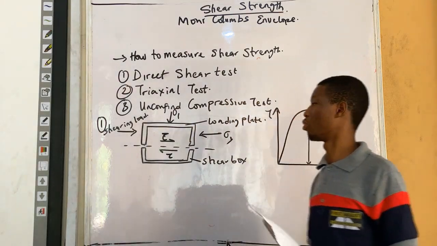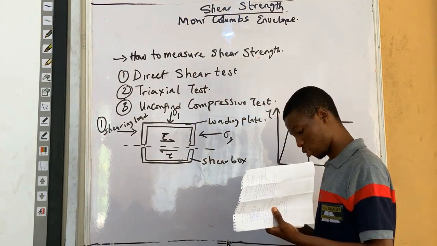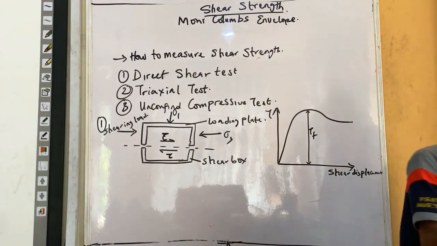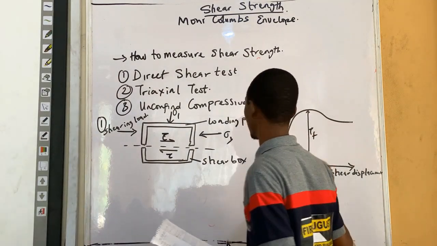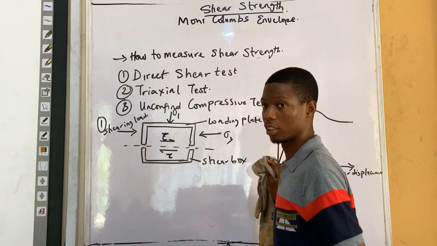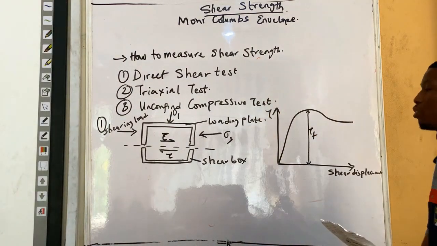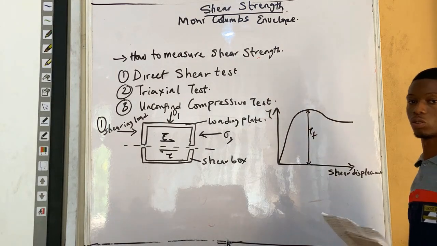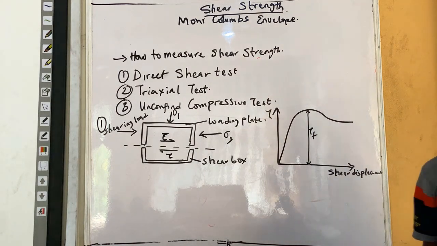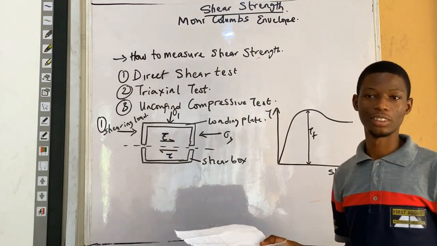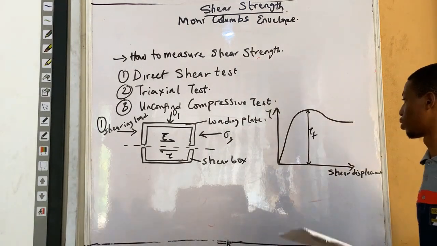That's when we get the shear strength. Yes, tau f. This one is just an overview. The major thing is Mohr circle.